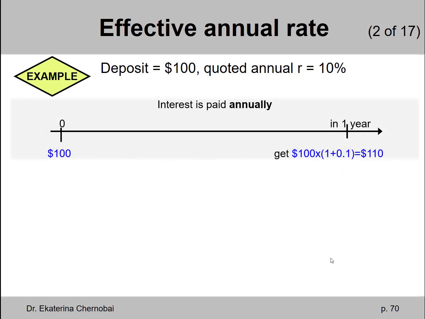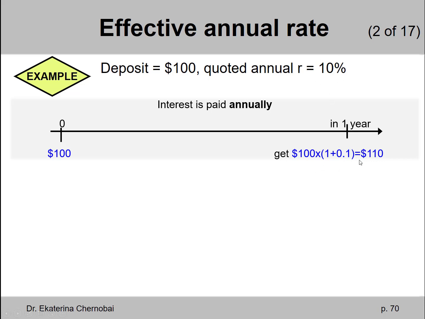Let's look at the following example. Let's see what the effective annual rate is all about, based on this very simple example. You deposit $100. The quoted annual rate is 10%. So you deposit $100 in your bank account now. You wait 1 full year until the bank transfers you your earned interest, 10%.